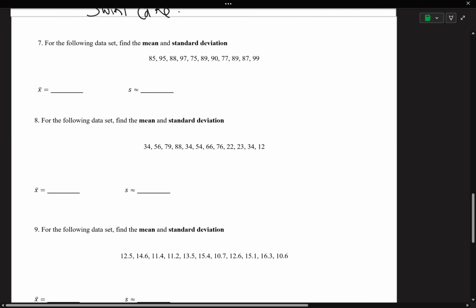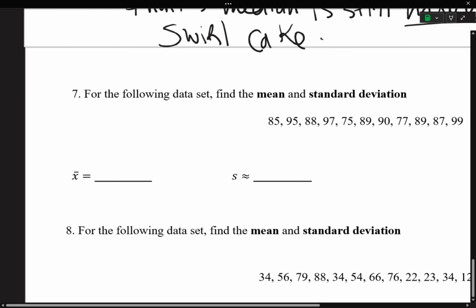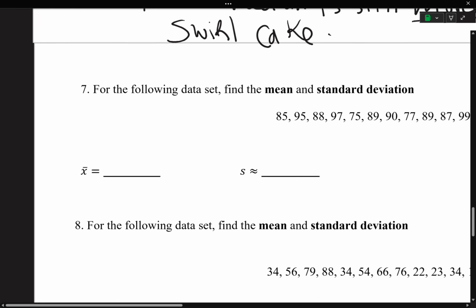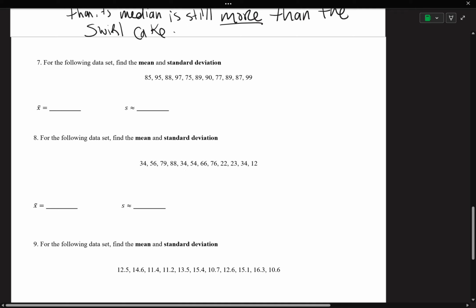Okay. The next part, you are going to need a calculator. In number 7, 8, and 9, you have two options to find the mean. Remember that the mean is our little x with a hat. You can either add up all the numbers and divide by the amount of numbers on our list, or you can use your calculator.